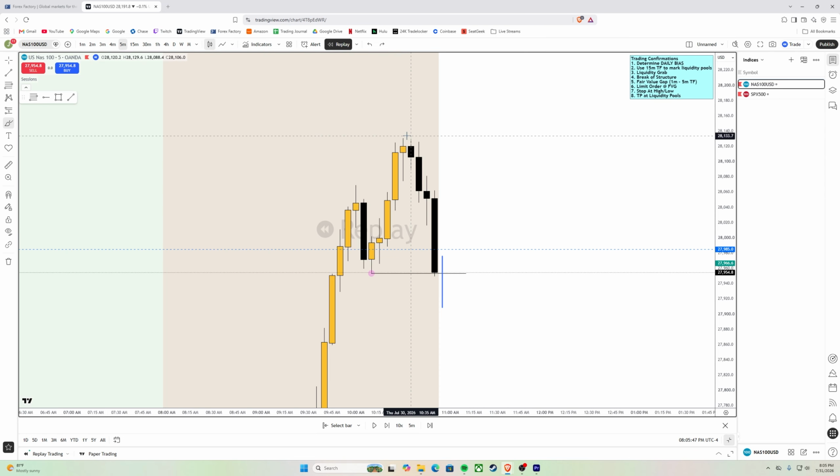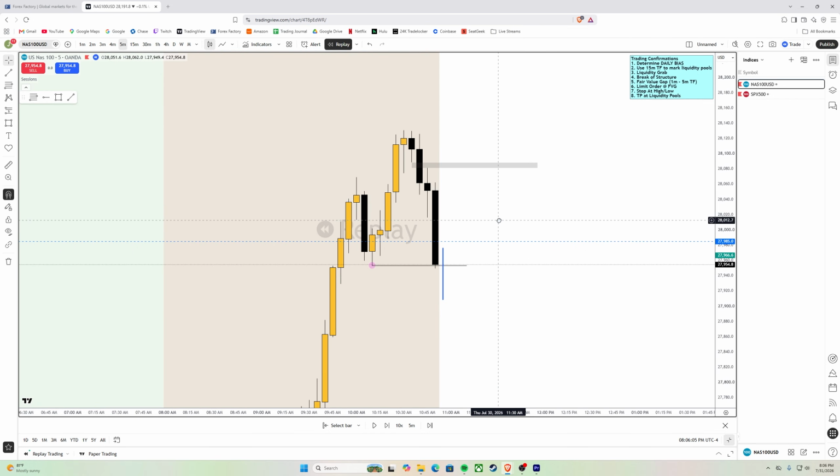Why? Because a fair value gap is a 3 candle pattern formation, right? You have the wick or the low of this candle and the wick and the high of this candle, and then the gap that forms is what creates the fair value gap, the space in between. So fair value gaps need 3 candles to form: candle one, candle two, candle three.